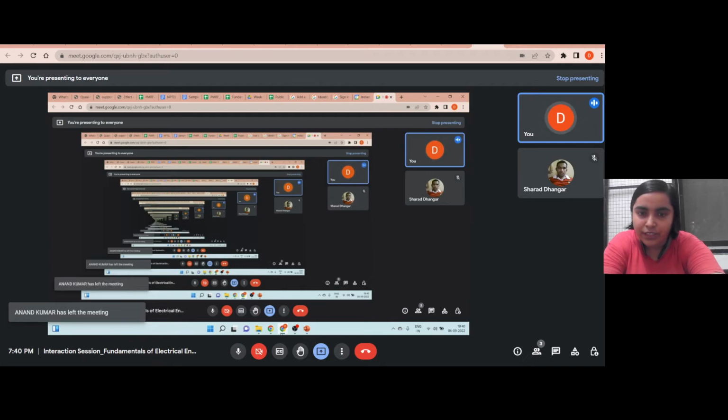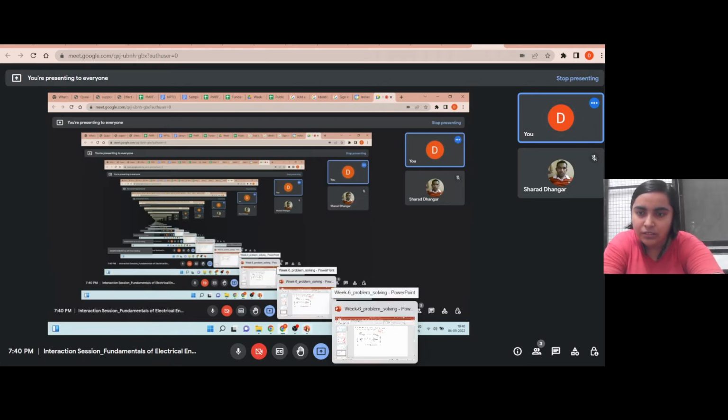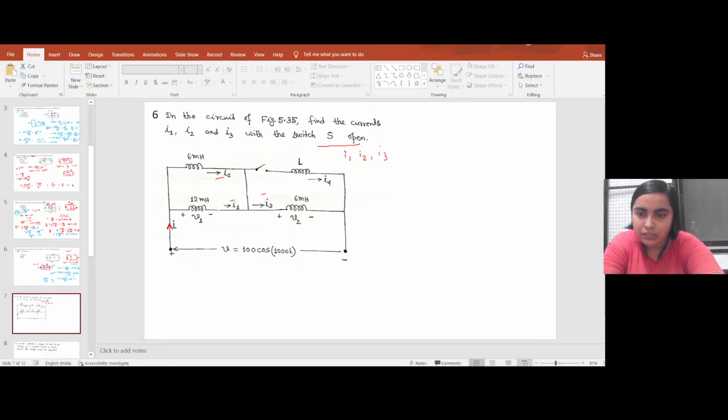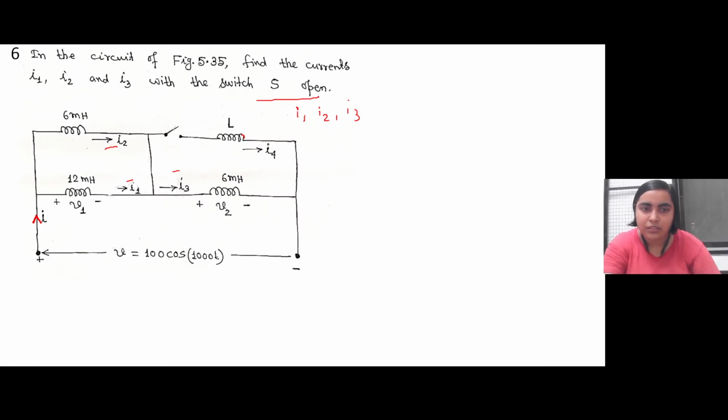Sharad, would you like to try? So we can first calculate the equivalent inductance, right?